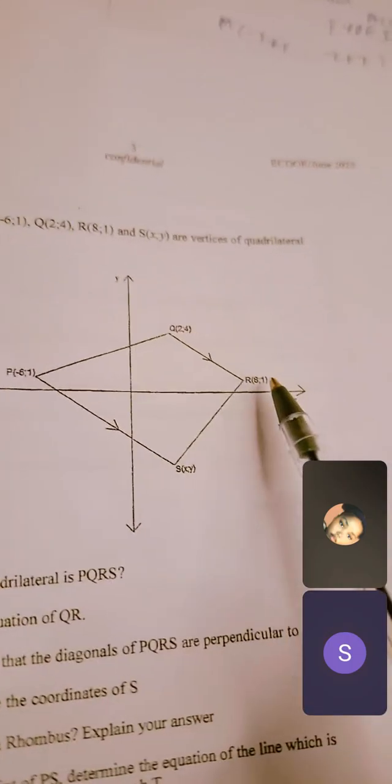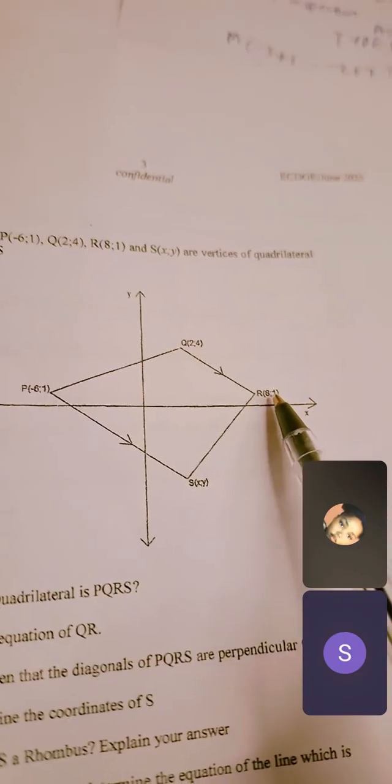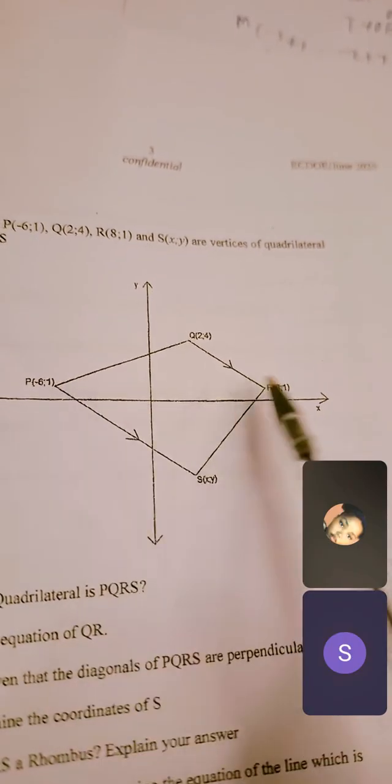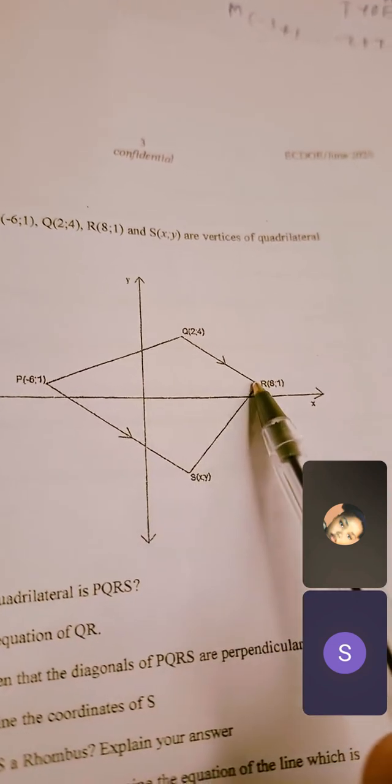So this is a typical example because for the gradient of RP, since your y values are the same, that means this is a horizontal line.